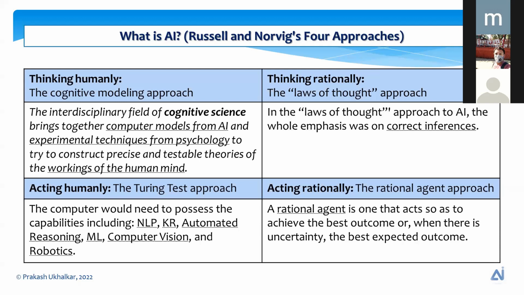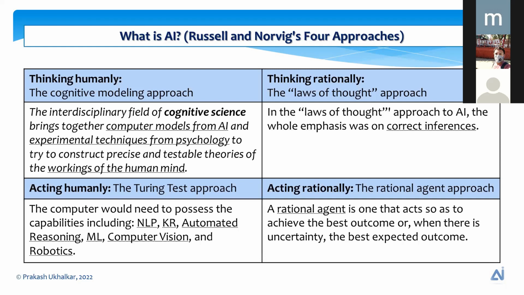Knowledge representation: if some queries, questions, or input are given to the machine, how it should understand and create knowledge. Then automated reasoning, to use the stored information in the knowledge base to answer questions and draw new conclusions and inferences. Machine learning, to adapt to new circumstances, to detect and learn and explore more, and infer more out of it.